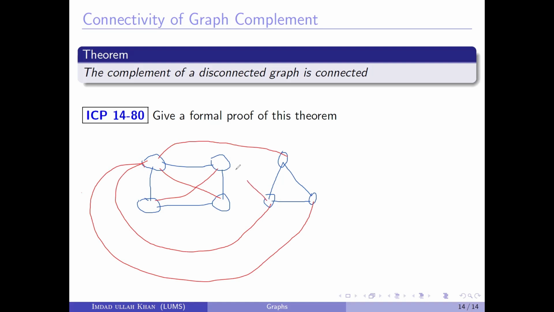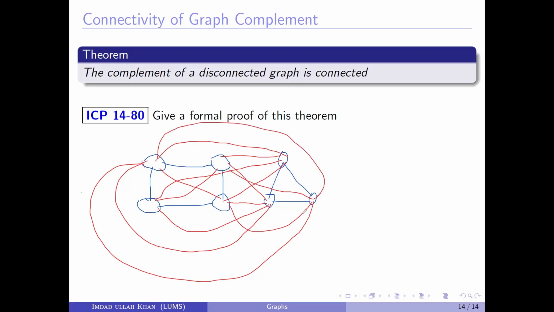Now if you focus over here, you can visually see that the graph made up of these vertices and these red edges represents the complement of the original graph.